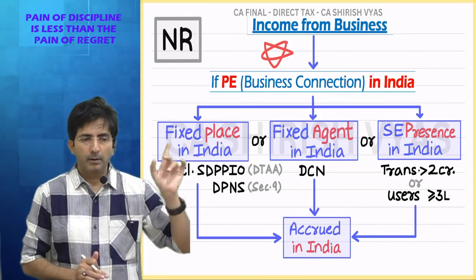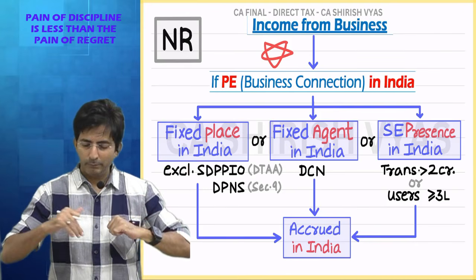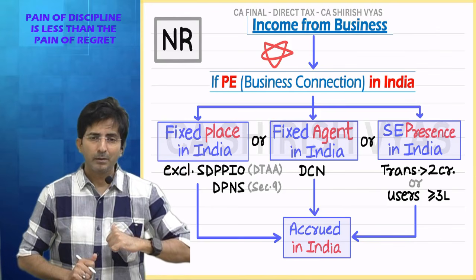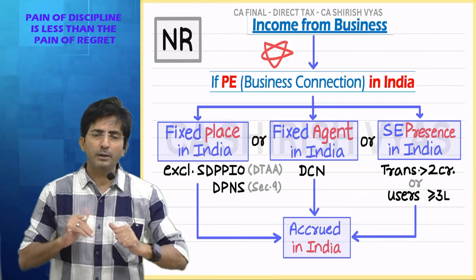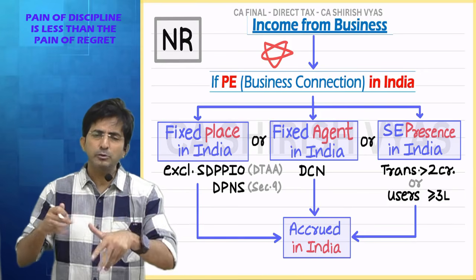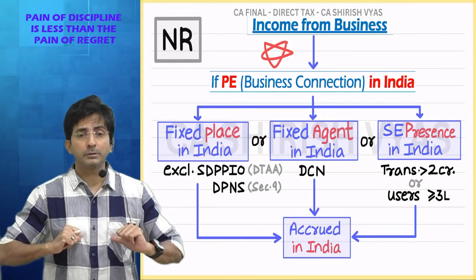Now, ABC Limited has given me the authority. Shirish, don't worry. Whenever you find good customers in India, conclude the contract. Or if not concluding the contract, I am given the main role which will eventually lead to conclusion of contract. This should be my position.